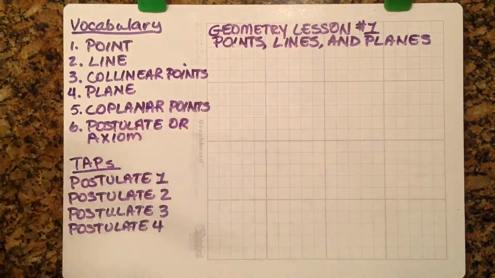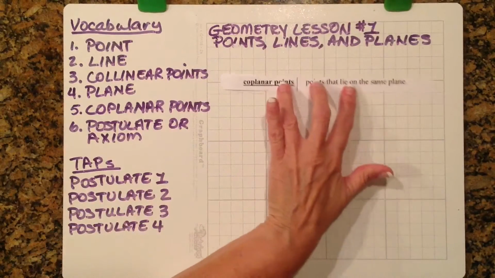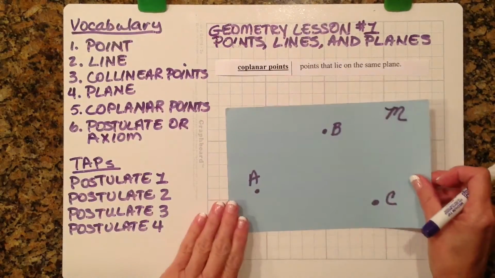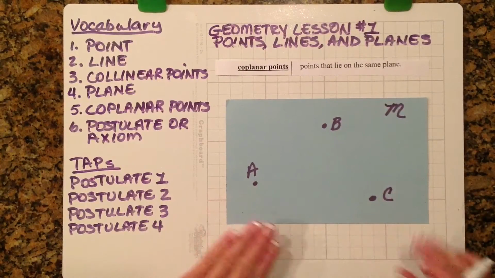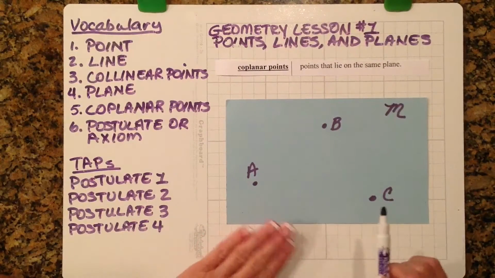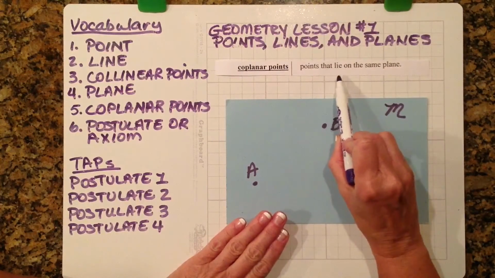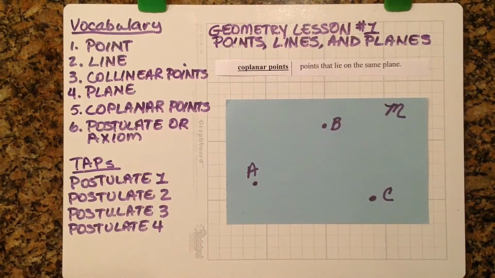Let's talk about coplanar points. We talked about collinear points. Now let's talk about coplanar points. Coplanar points are points that lie on the same plane.